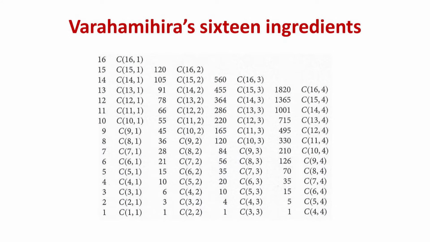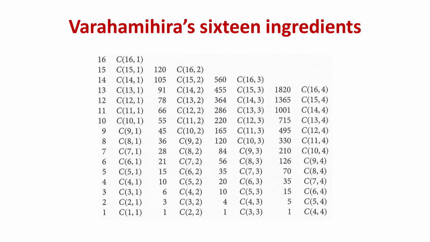But as the numbers became larger, it was no longer possible to list every combination explicitly, and more general methods were sought. For example, in a voluminous 6th century work, Varahamihira discovered a way of counting the number of ways of selecting 4 out of a collection of 16 ingredients.